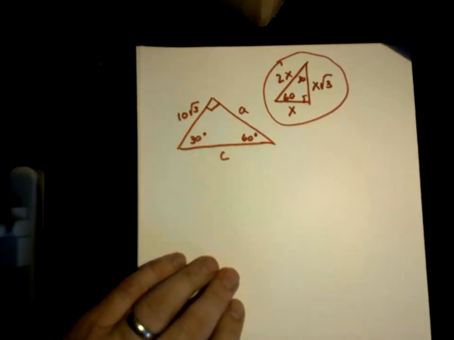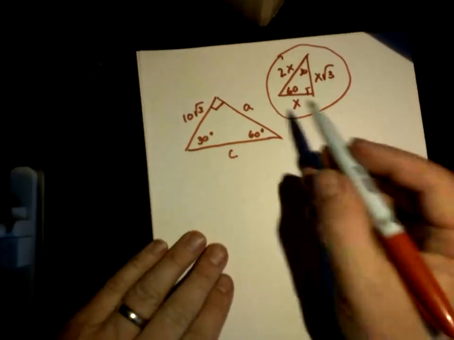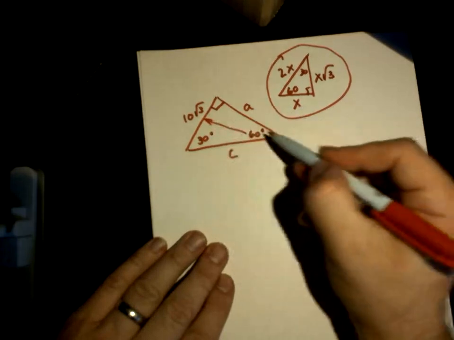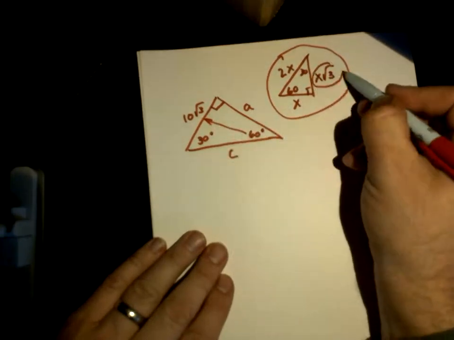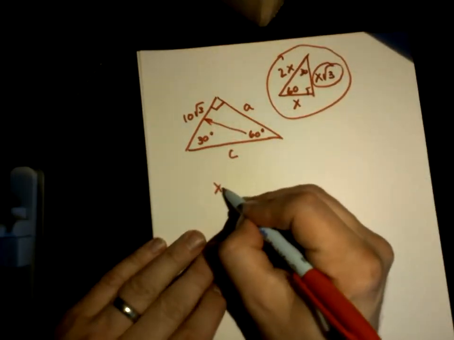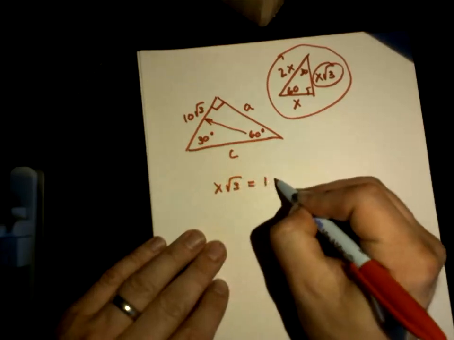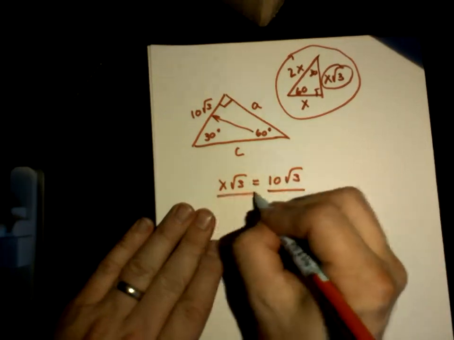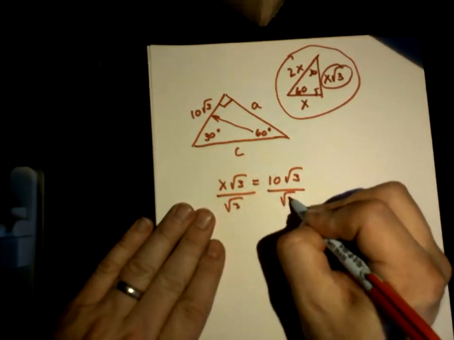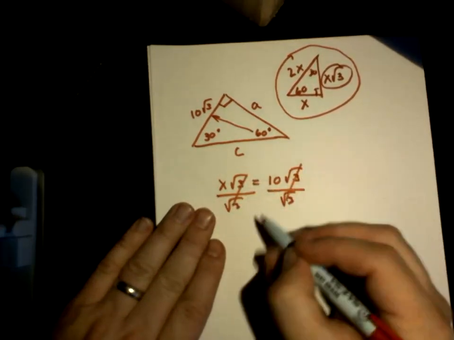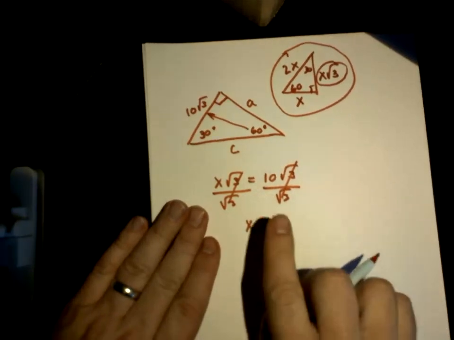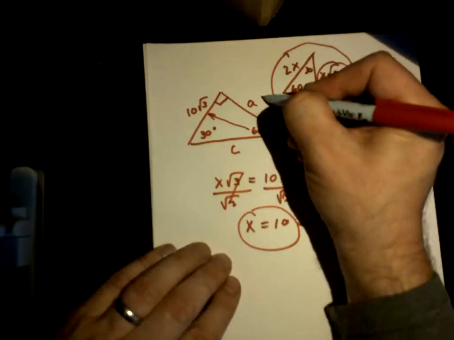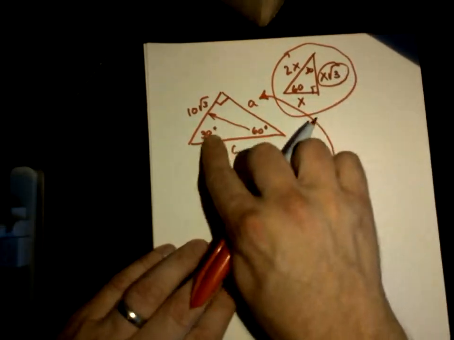Okay, so here we go. I'm going to do this without a whole lot of talking here. So I have 60 degrees, and that is going to be equal to that. So here we go. 30 degrees.